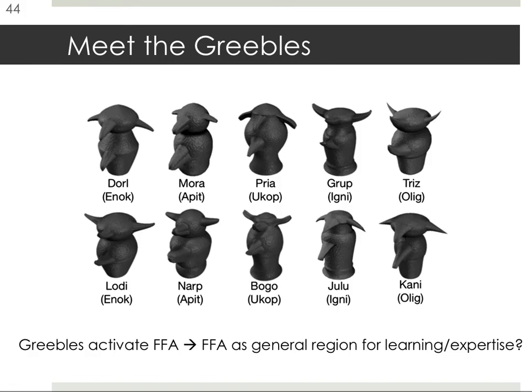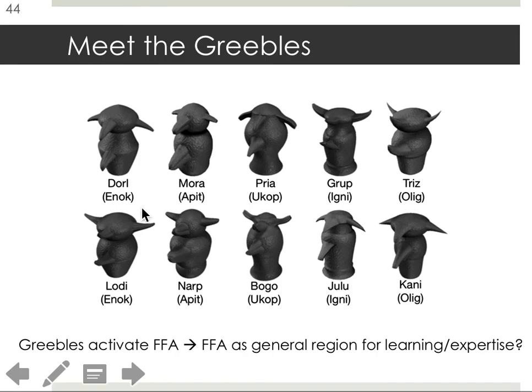Greebles are just these made up little characters, three-dimensional, slightly anthropomorphic creatures that these researchers generated, with little features like angles coming out of them, little horns, and little limbs sticking out of the bottoms, right?